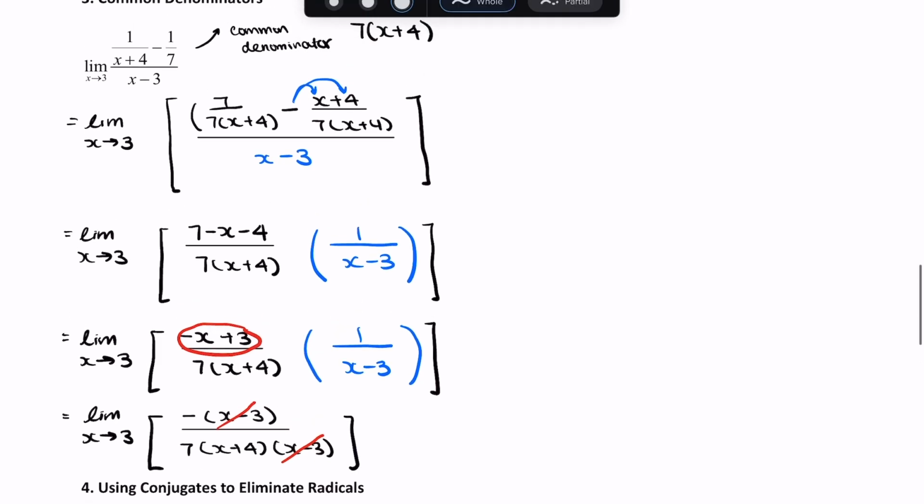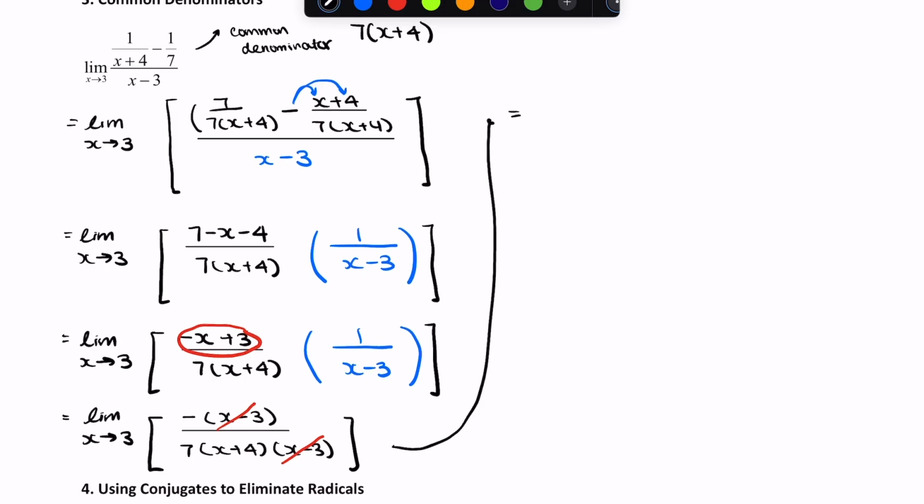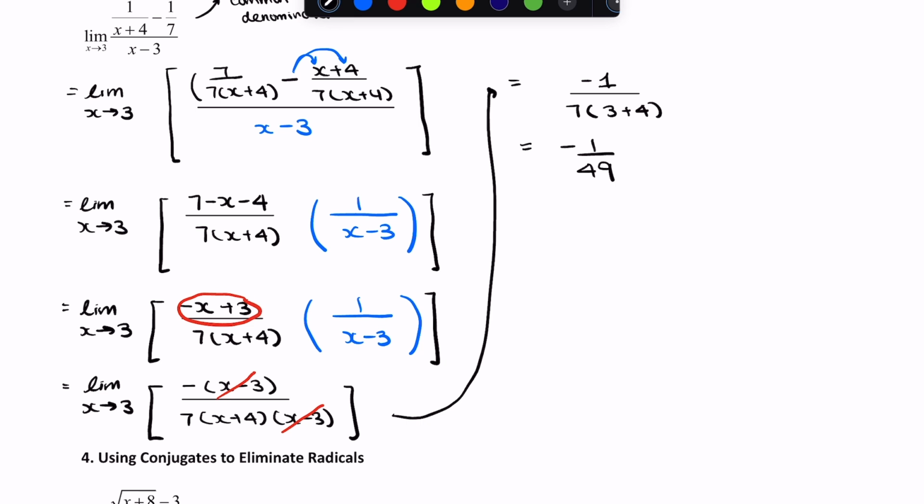So here we'll sub it in. We'll have negative 1 over 7 bracket 3 plus 4, which will give us a value of negative 1 over 49 for our final answer. So the limit as x approaches 3 of the function 1 over x plus 4 minus 1 over 7, all over x minus 3, is equal to negative 1 over 49.